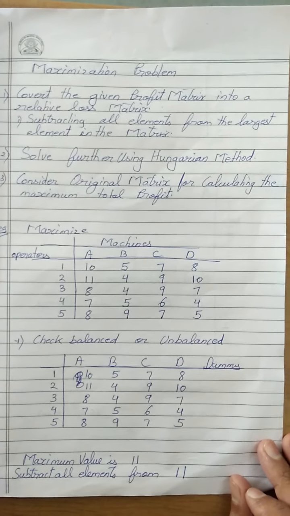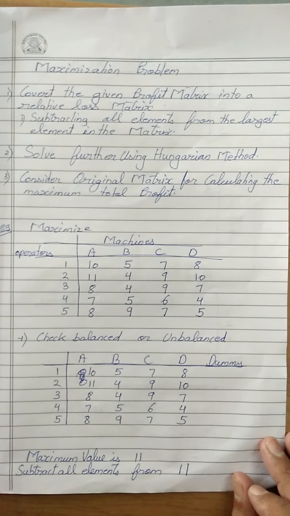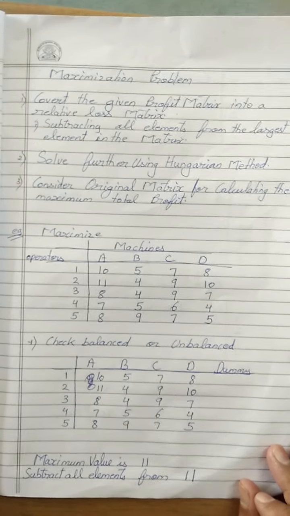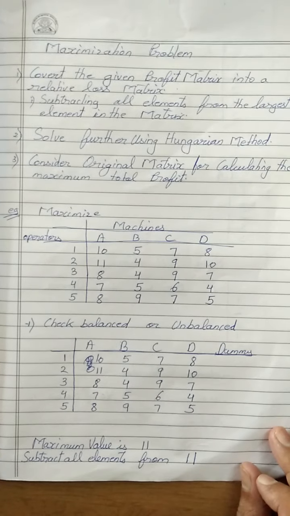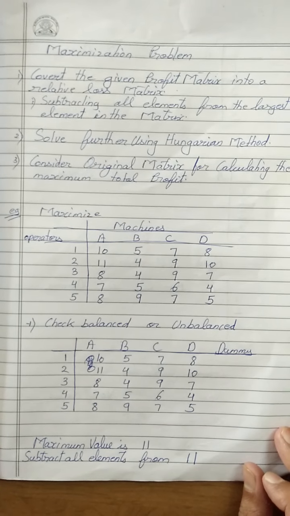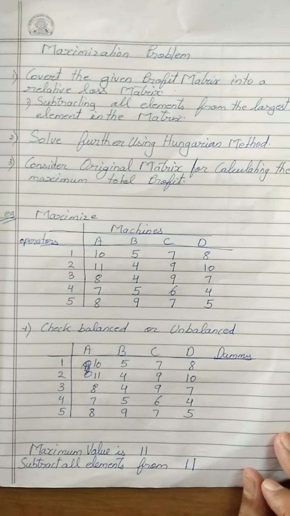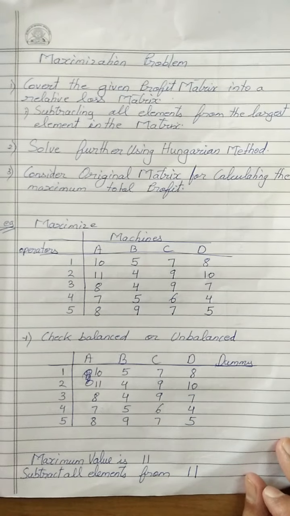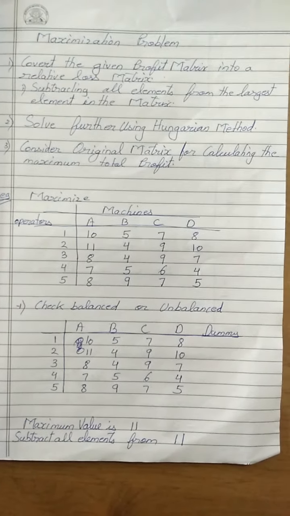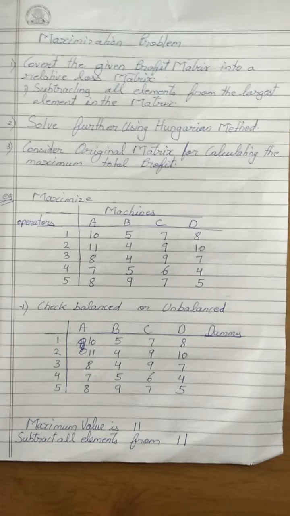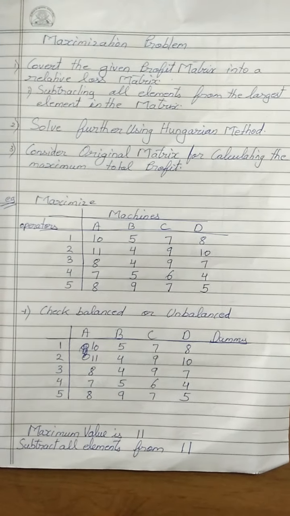Now subtract all the remaining values from 11. That is 11 minus 10, 11 minus 5, 11 minus 7, 11 minus 8, for the first row. And then solve the remaining matrix as per what we have studied in the Hungarian method. For calculating the final answer, consider the original matrix values.